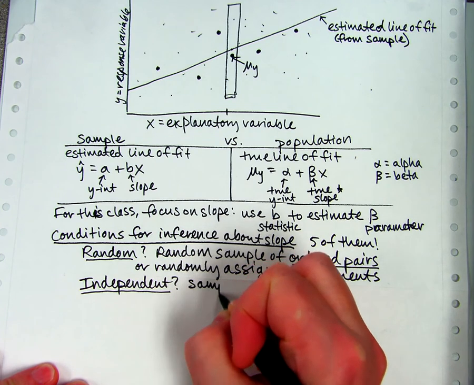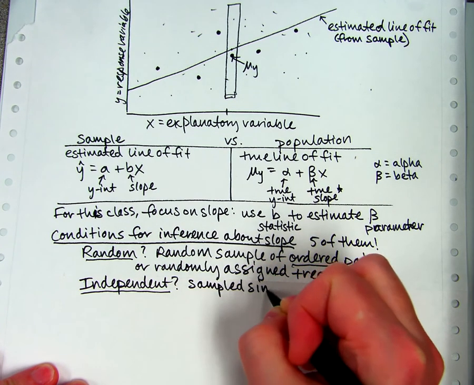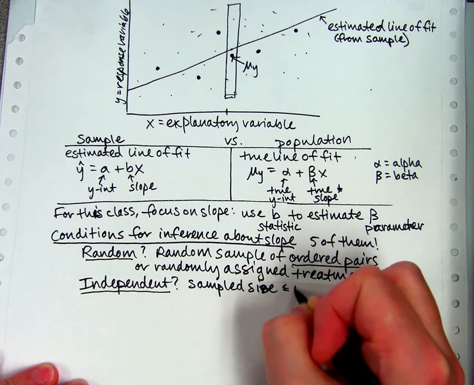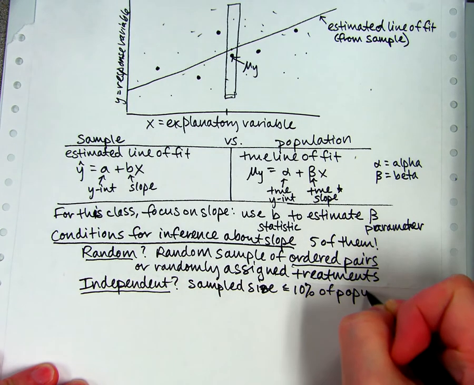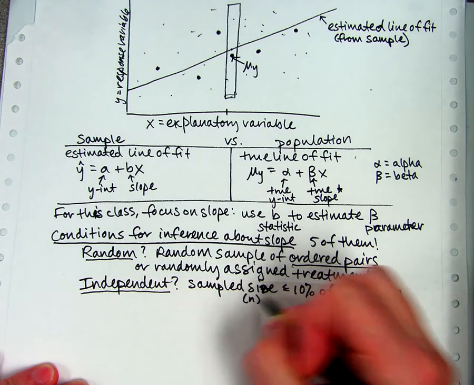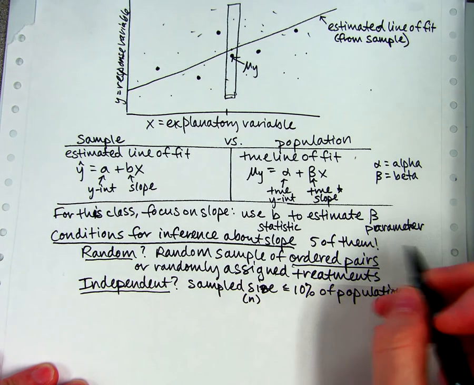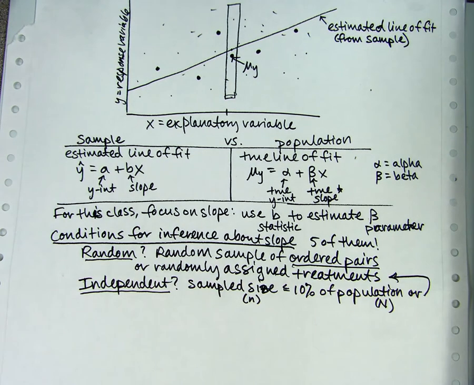The sample size, number of ordered pairs, has to be less than or equal to 10% of your population. It's still called n, and it's still called capital N, so that's all the same. Or you have randomly assigned treatments, and so then you wouldn't have to worry about it for an experiment. So those 2 are familiar. Yay, we already know how to do them.